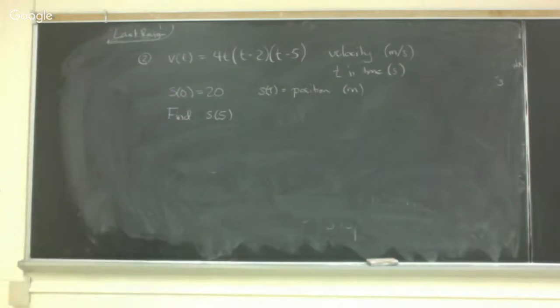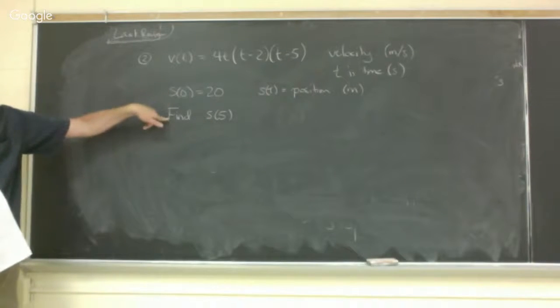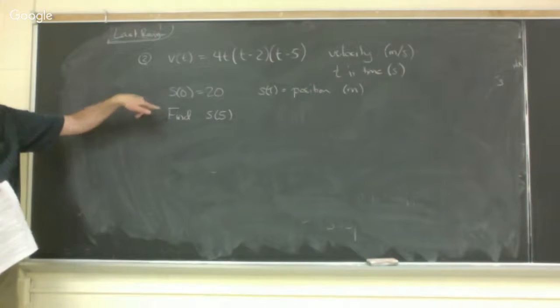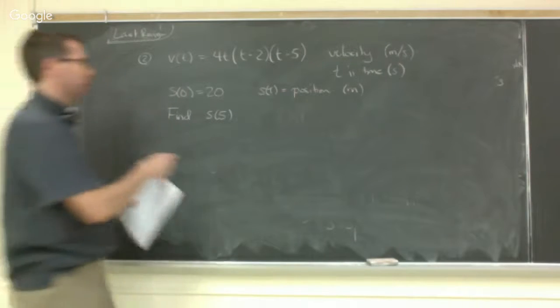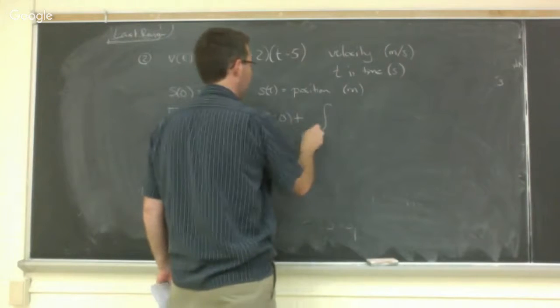Actually, there are 2 ways we could do it. So one strategy is find an antiderivative. And then there's a plus c in it, and you'd find c to make this work, and then you just plug 5 in. There's another way. By the way, that happens to be easier as I'm thinking about it now. The other way is that s of 5 is always equal to where you start plus how much you change.